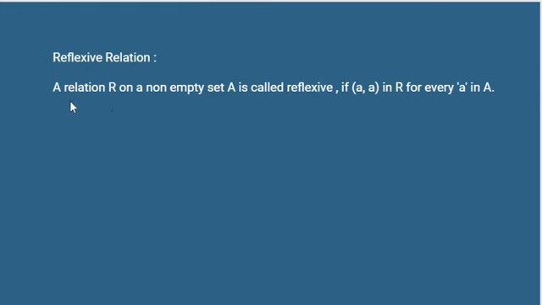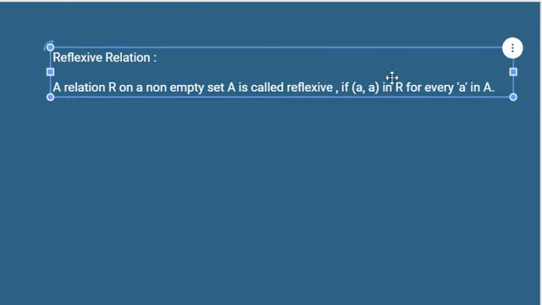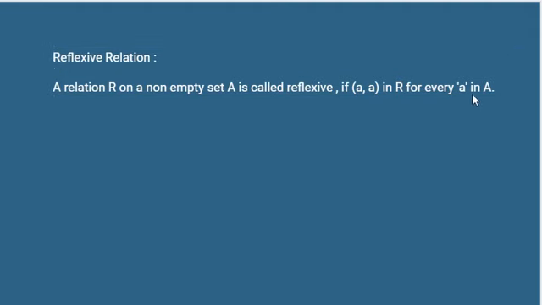Let's see the definition. A relation R on a non-empty set A is called reflexive if ordered pair (a, a) belongs to R for every a in A. So what is the meaning? To define a relation we need a non-empty set.